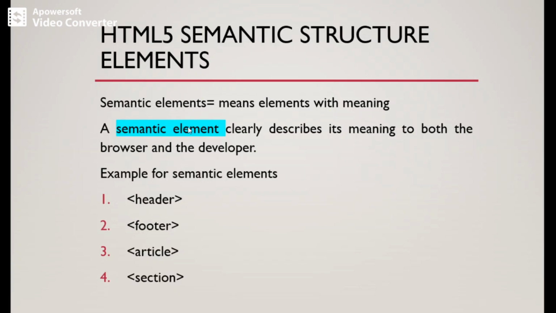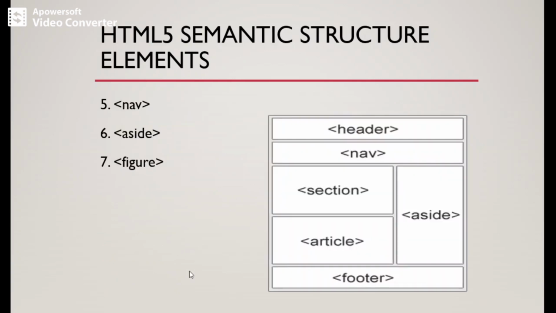So a semantic element clearly describes its meaning to both the browser and the developer. Examples for semantic elements: header, footer, article, section, nav is navigation, aside, figure, etc. So we are going to discuss it in the coming slides.